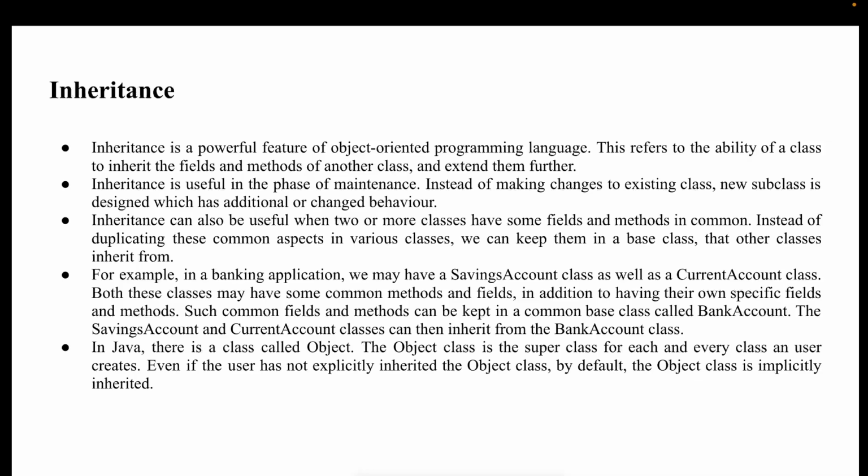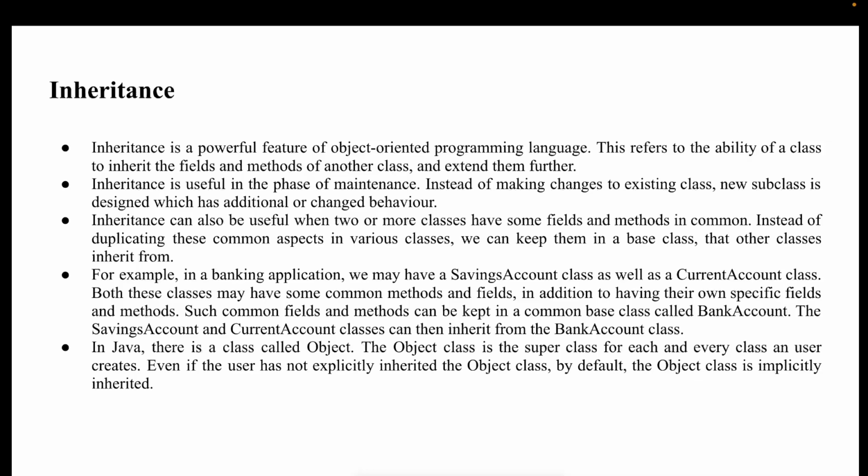This refers to the ability of a class to inherit the fields and methods of another class and extend them further. This is what I was talking about, right? If there is a parent class and a child class, and the parent class has some fields or instance variables, suppose there is a child class which is extending the parent class.